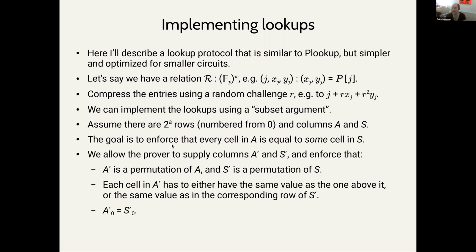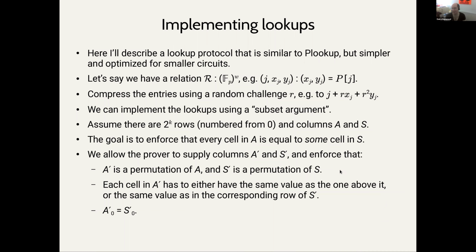The goal is to enforce that every cell in this A column is equal to some cell in the S column. And that's sufficient to show that every cell in A is in the relation. In practice, we could have multiple columns here if we needed, but we'll just describe the argument for 1 column.